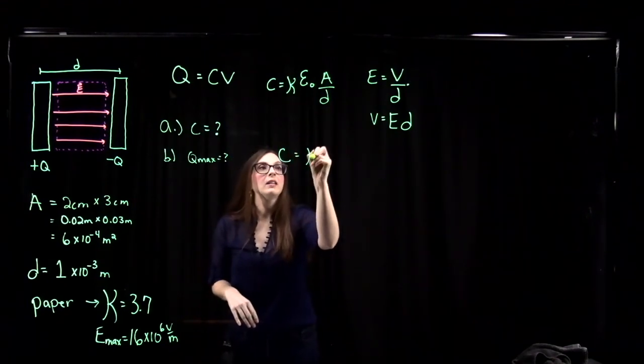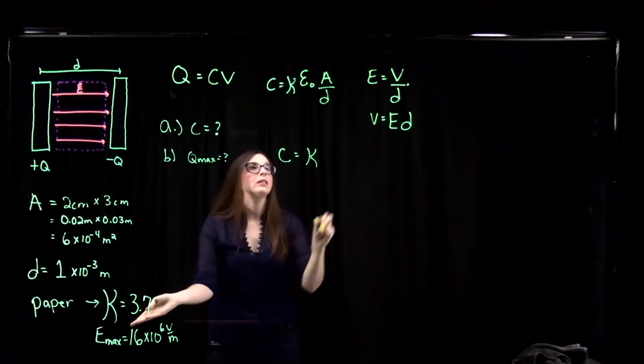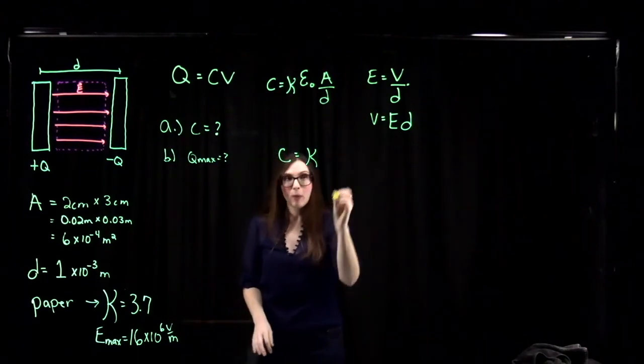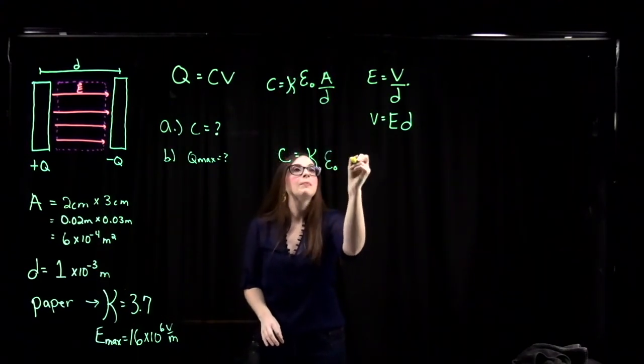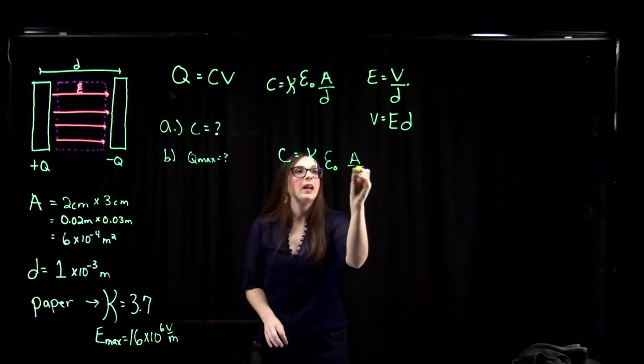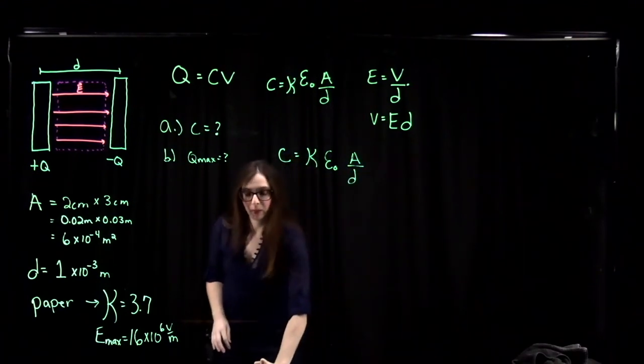So to get the capacitance of this capacitor, we just use our equation. We just take the dielectric constant, 3.7, times our permittivity of free space, times the area of my plates all over the distance between them.